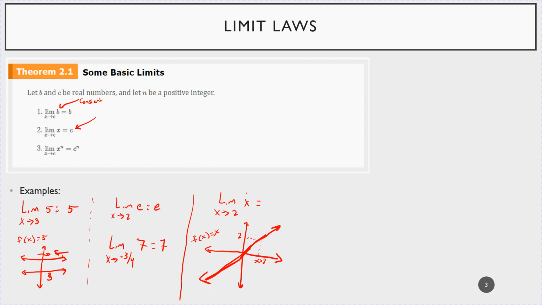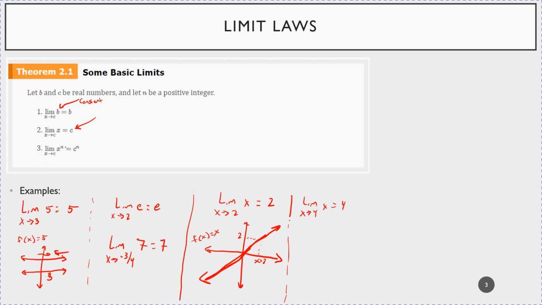So if it's just x by itself, you literally just plug the number in. For example, the limit as x goes to 4 of x is just 4. You're literally just plugging it in.